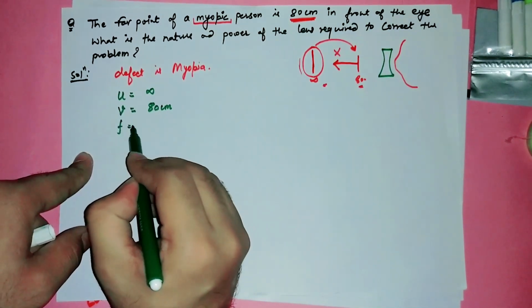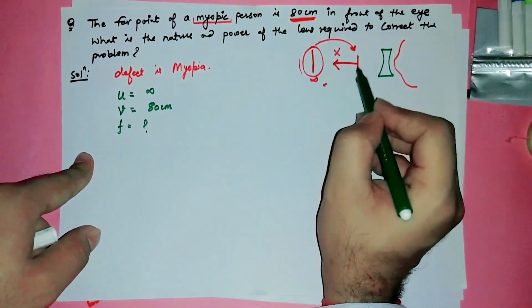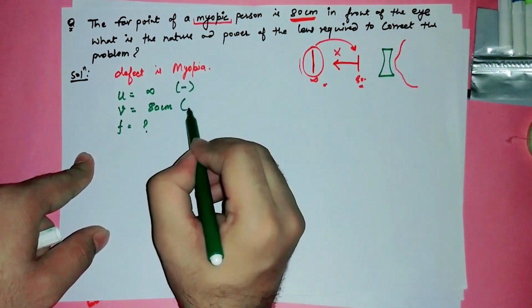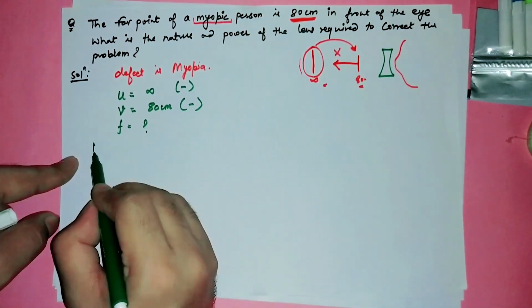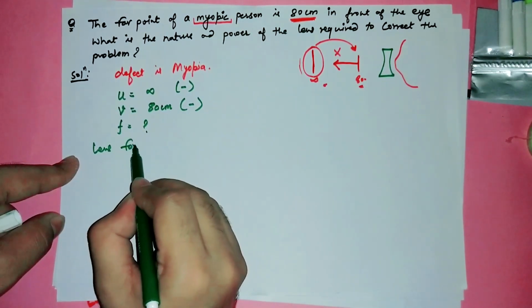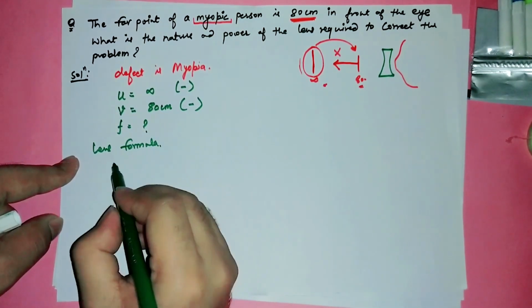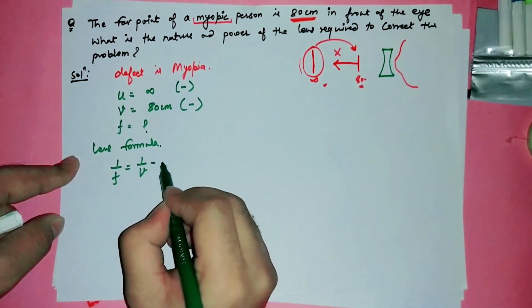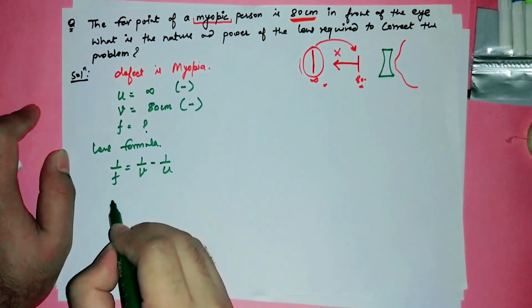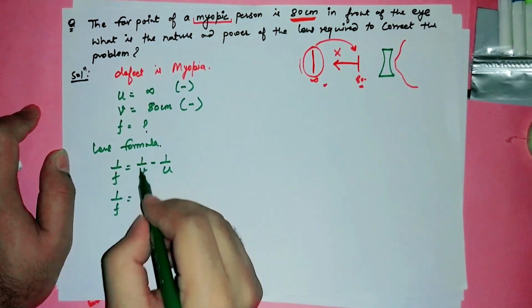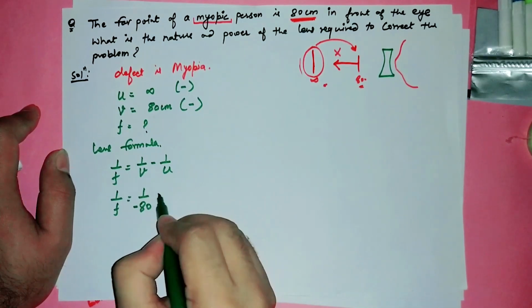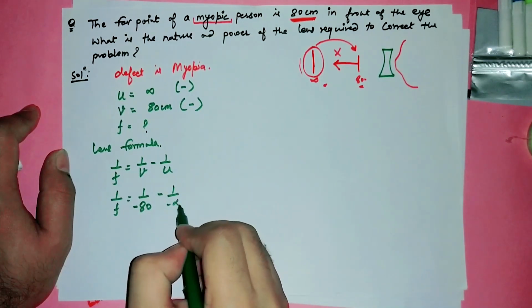What will be the f? Now all the distances are towards the left, so we will take all the distances as negative. So from the lens formula, 1 upon f is equals to 1 upon v minus 1 upon u. So 1 upon f is equals to 1 upon v, v is minus 80 centimeter, minus 1 upon minus infinity.